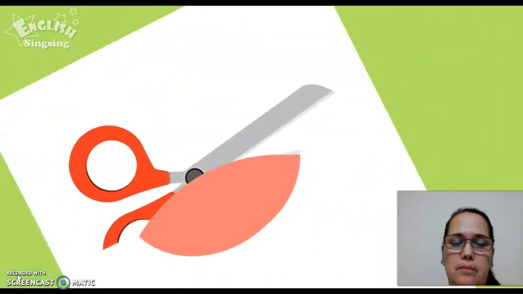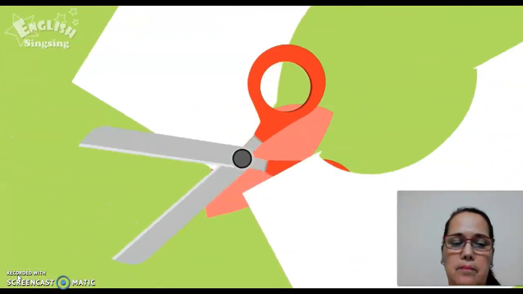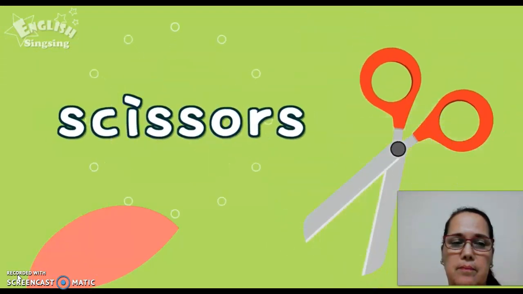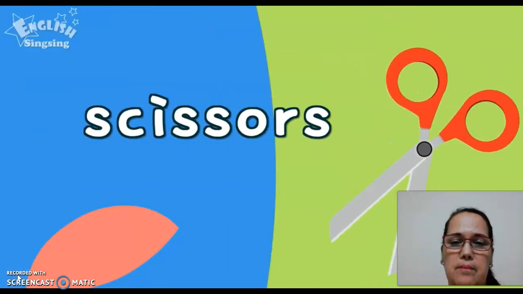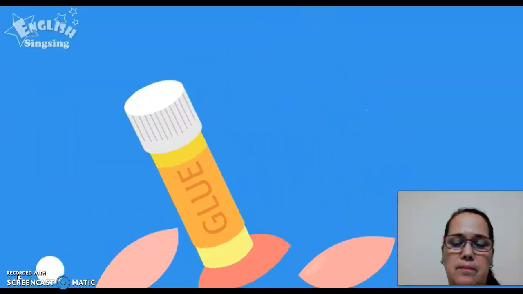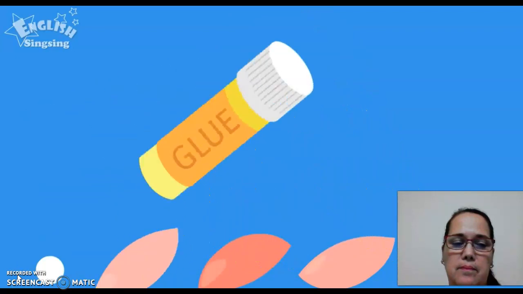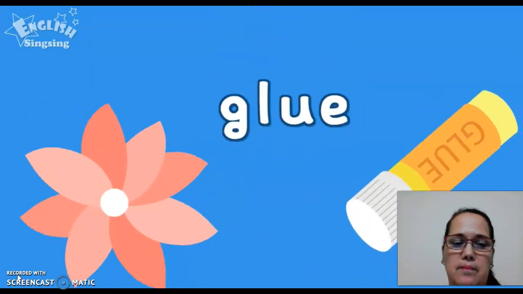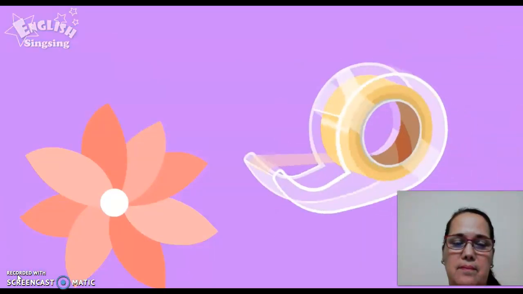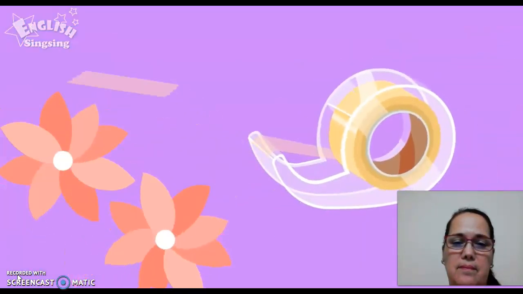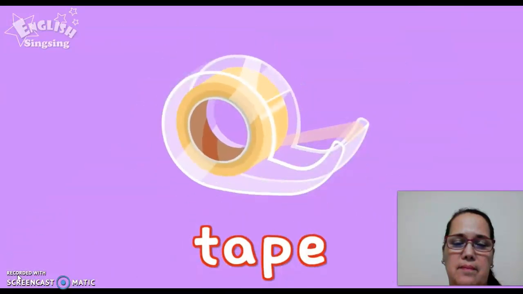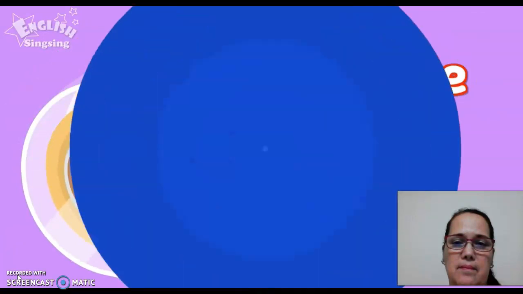I can cut the paper. Scissors. Scissors. It's my glue. I can stick them with it. Glue. Glue. It's my tape. I can put them with it. Tape. Tape.